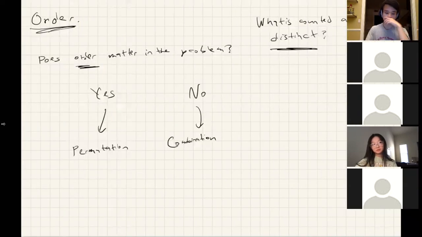Okay, so the main concept that I really want you to grasp fully, because this is very important, is the concept of order. The idea of order is a little bit tricky to get. It's something that you have to get by just thinking about it more and more in your head, running through examples like where does order matter, where does order not matter.